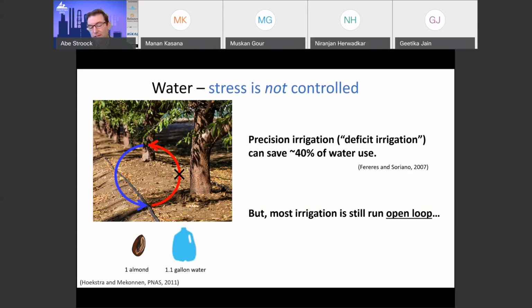And so this is where I mentioned a factor of 2: if we did control irrigation in a precise way informed by the biology, we could save 40+% of the water we are currently delivering. So that is a target for this Industry 4.0 of agriculture.